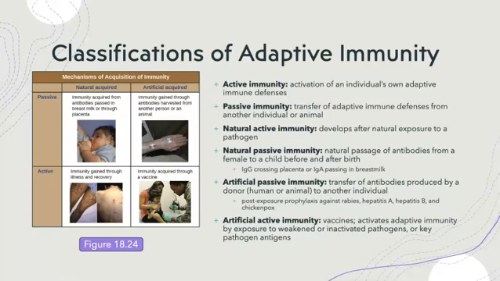Next, we have our two artificial types of immunity. So artificial passive immunity means that we're able to transfer antibodies produced by a donor to another individual. So we tend to do this after we're exposed to something.